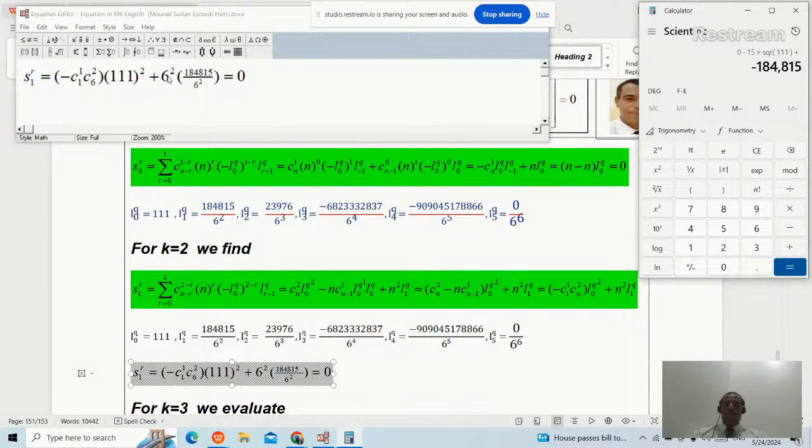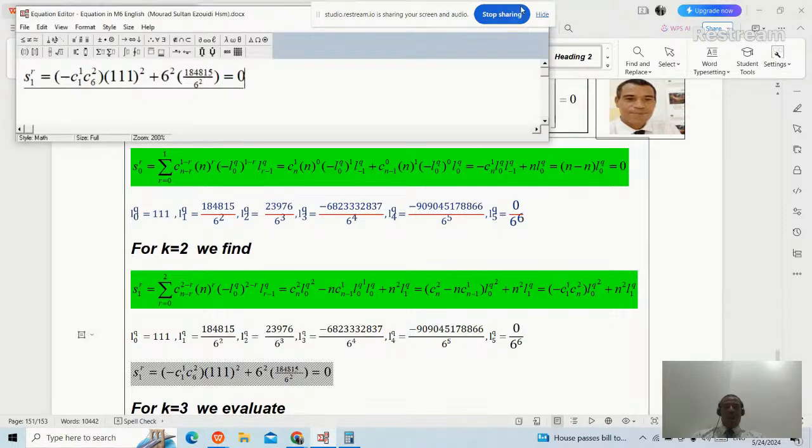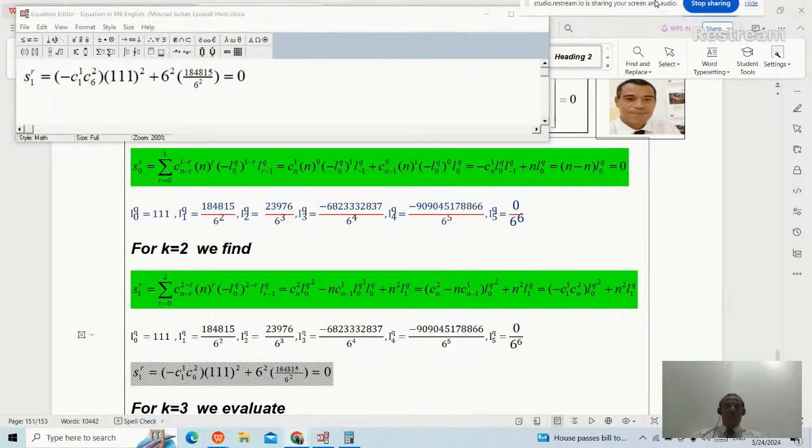So this one and that will be removed. Plus 184,815. So this one, learners, should be equal to 0. Okay, so it's going to be 0. We continue. Now I will close this one. I will put this here.